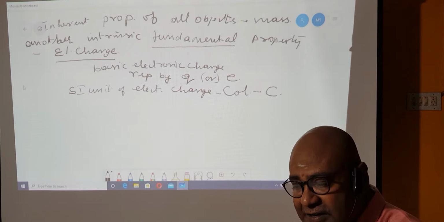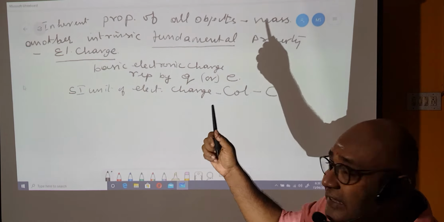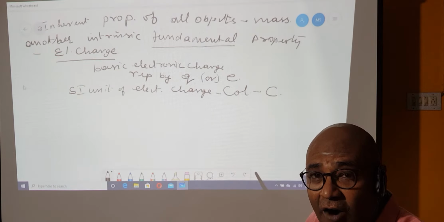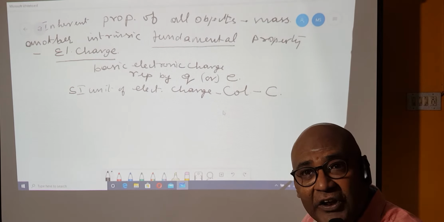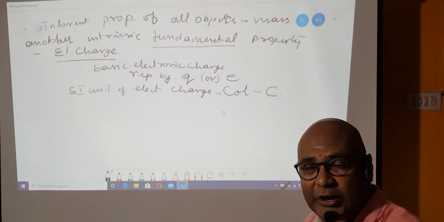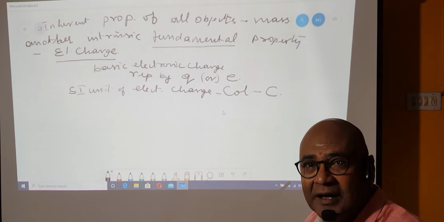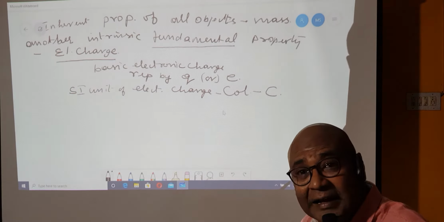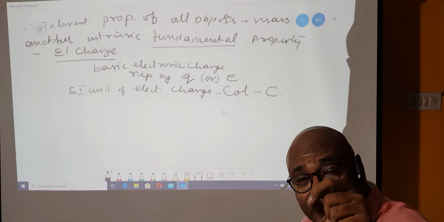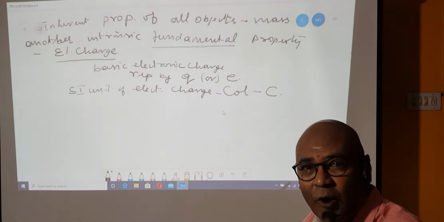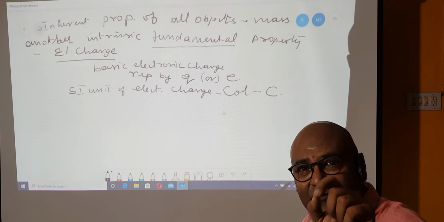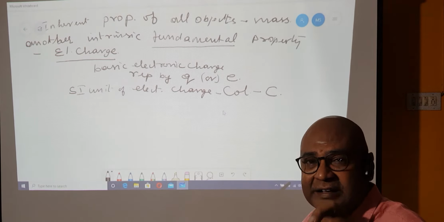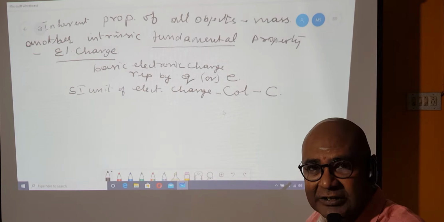The second point available is here. The inherent property of all objects or materials available in this universe is its mass. And there is another basic, fundamental inherent property, which is considered to be electrical charge.